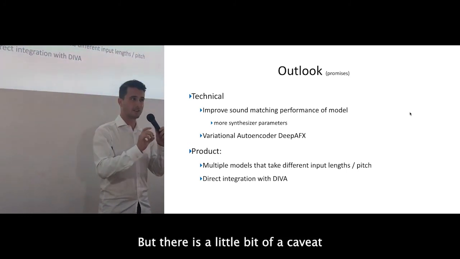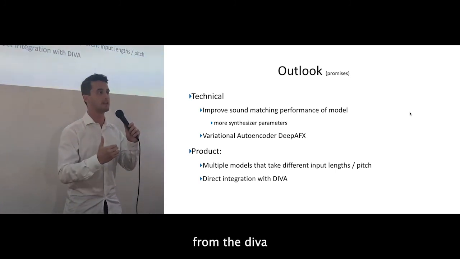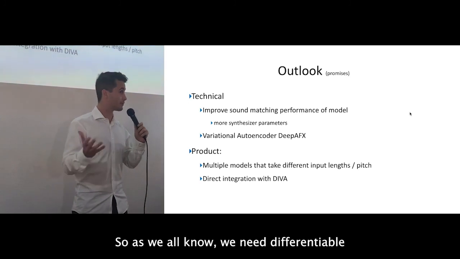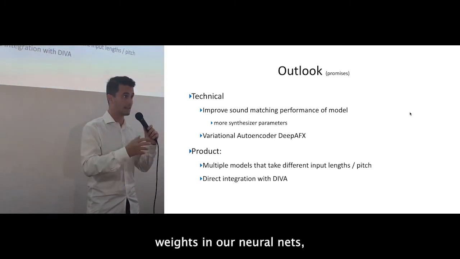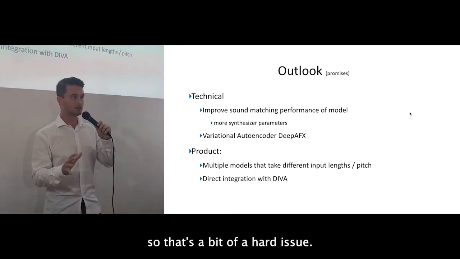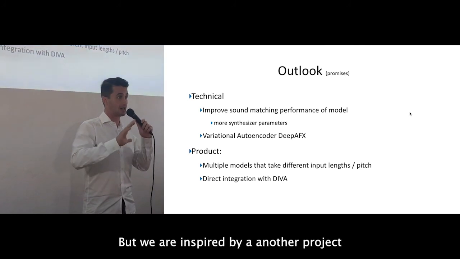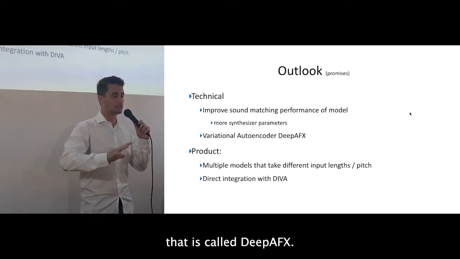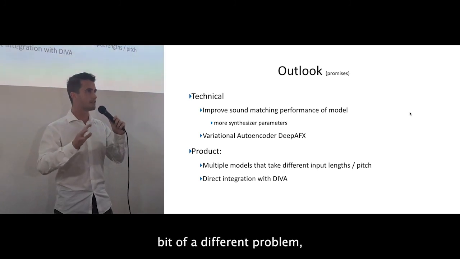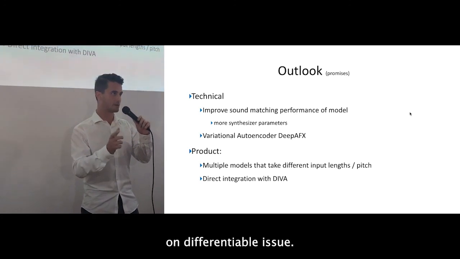But there is a little bit of a caveat to this because the parameters that we receive from the DIVA aren't actually differentiable. So as we all know, we need differentiable weights in our neural nets. So that's a bit of a hard issue. But we are inspired by another project that is called DeepAFX. So it's trying to solve a bit of a different problem, but they have been able to solve this undifferentiable issue.